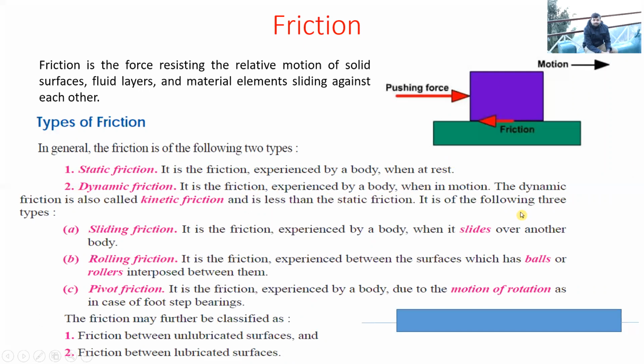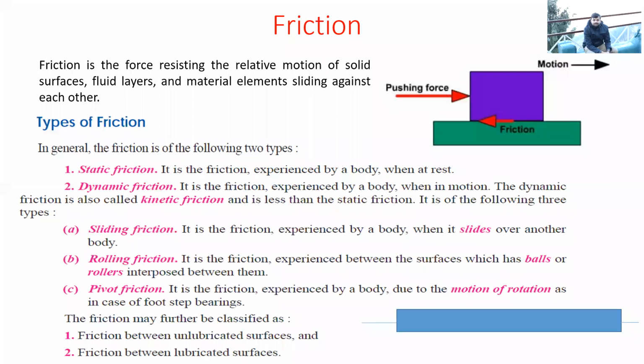Okay. Now, this dynamic friction is also called kinetic friction, and it is less than the static friction. So when a body is in continuous motion, the friction it experiences is dynamic friction, also known as kinetic friction.